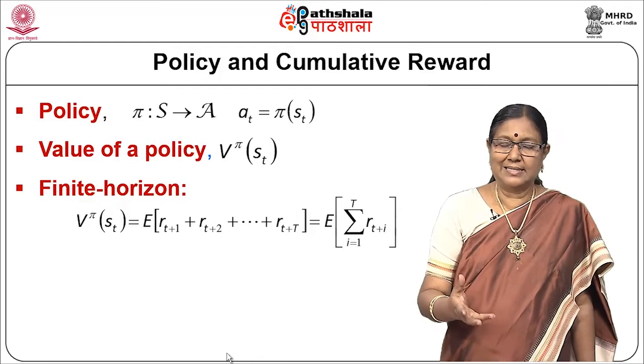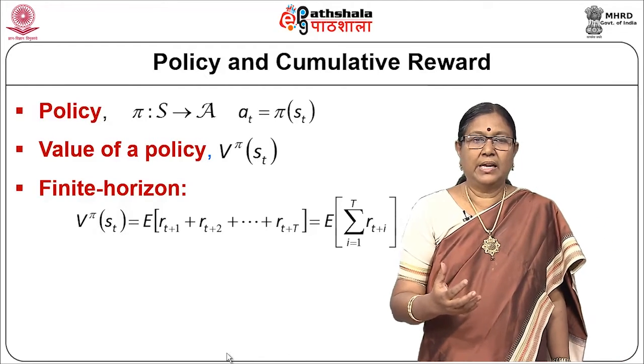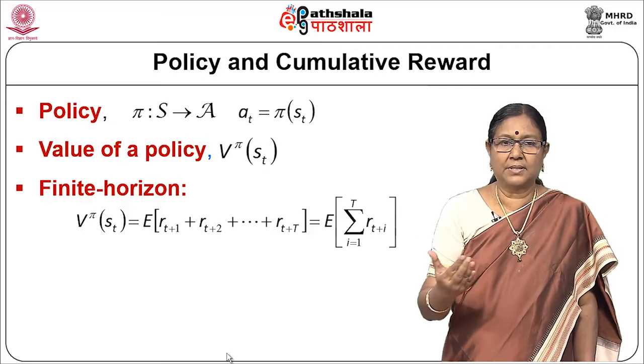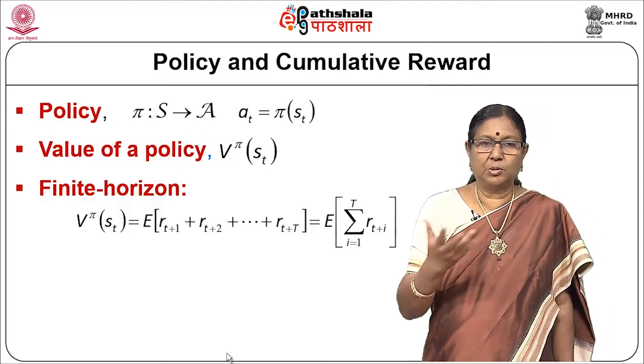We have already discussed this is a finite horizon, where we assume that the agent is allowed to take some finite number of steps only. So, here we have up to t steps.